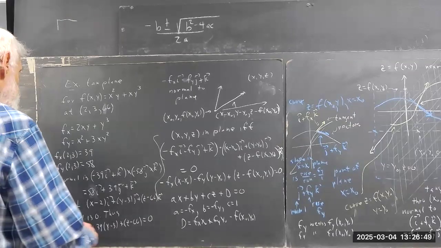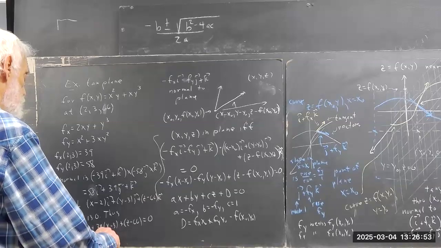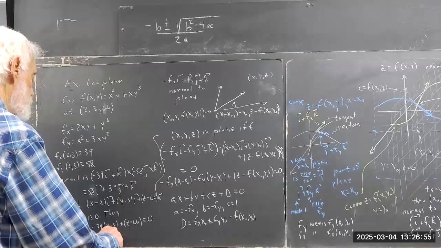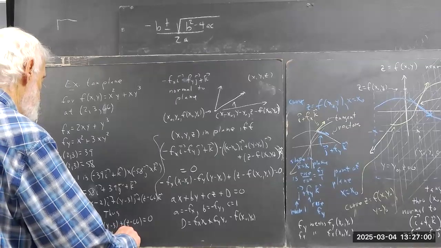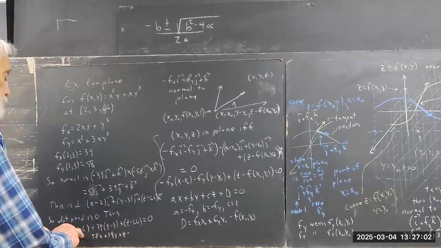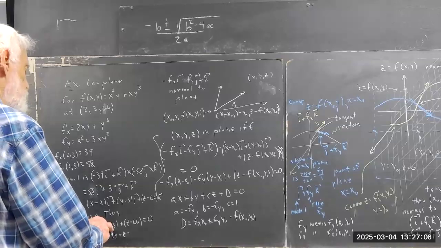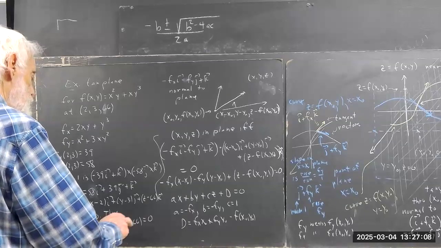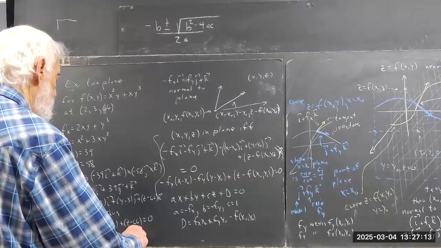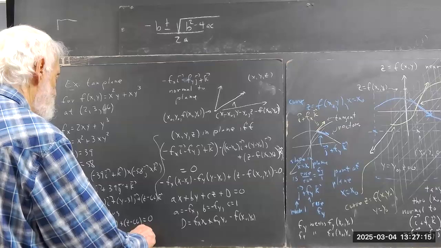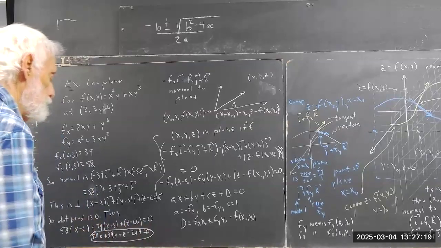Well, that tells me you've got 58x plus 39y plus z. Then it's minus 116 for this, and minus 107, which is minus 223 for this. And that's 289, I think, minus 289 equals 0. And that's the equation of my plane.